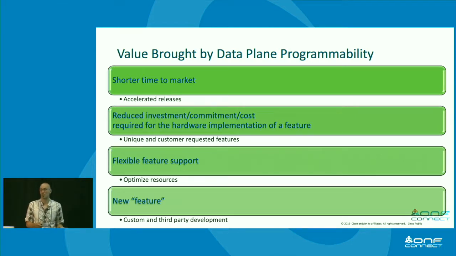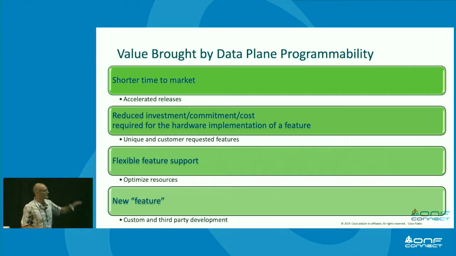Flexible feature support, so being able to have in the system only the features that are of interest for the customer so that the resources can be optimized. And finally, the capability of easily implementing new features, possibly by the customer or by a third party.